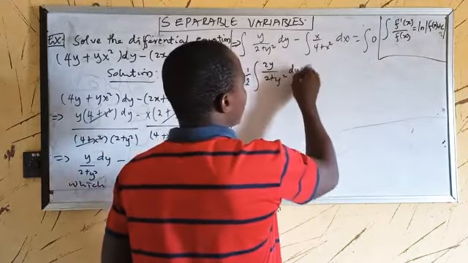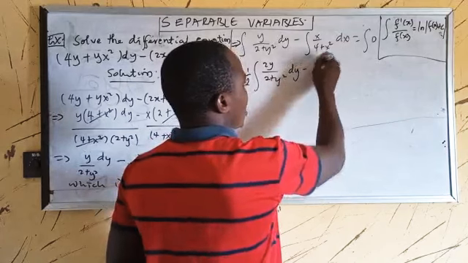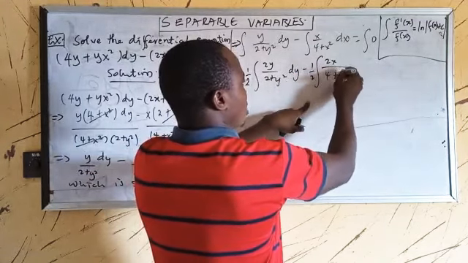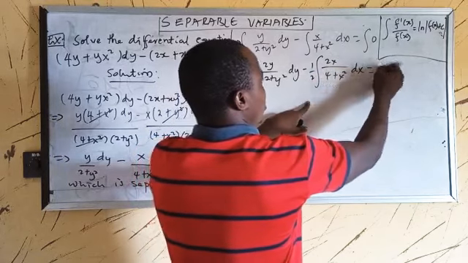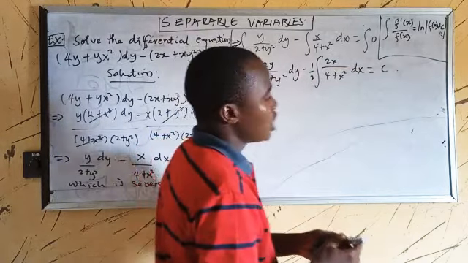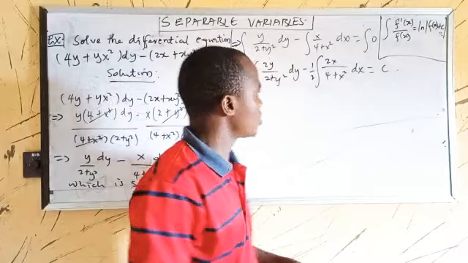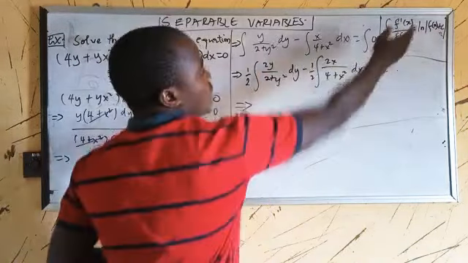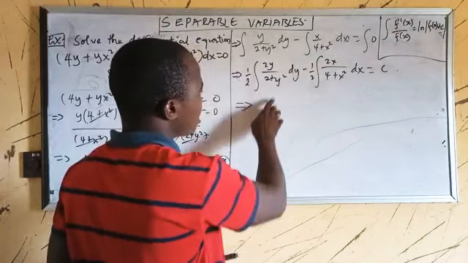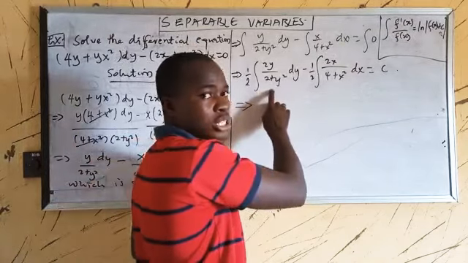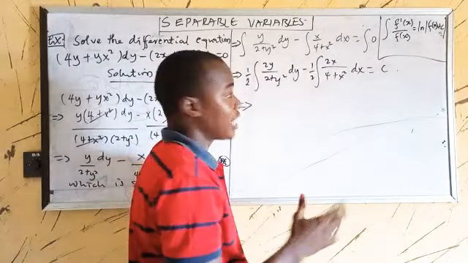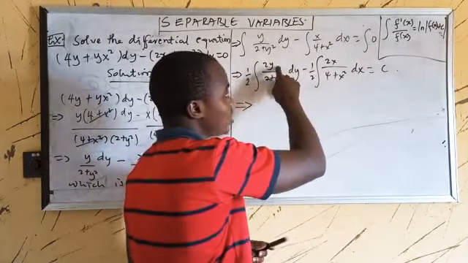Also for this one, we do the same thing. So we have 1/2 times 2x over (4 + x²) dx equals c, because when you integrate constants, we have c. From here, the next thing to do is to use this fact. The differential coefficient of 2 + y² is 2y, and at the same time we have it as the numerator.